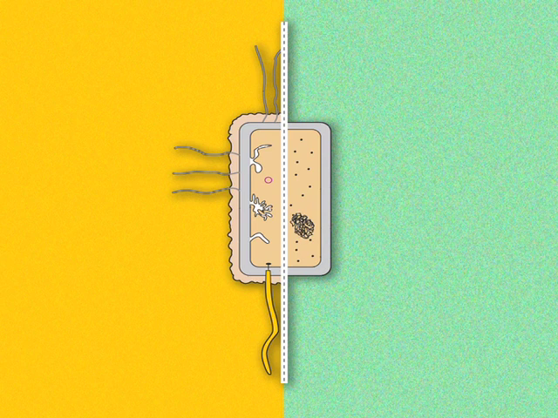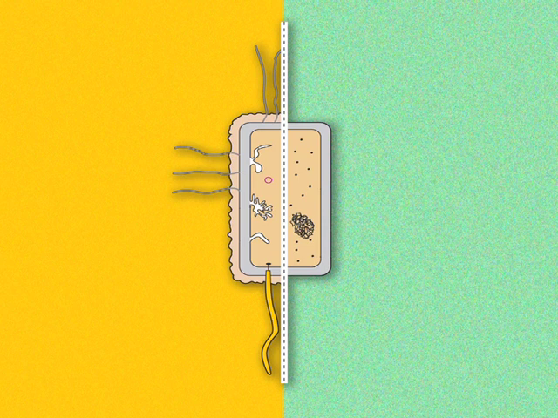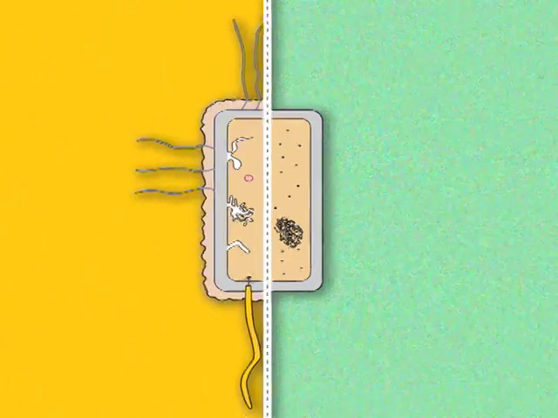The chromosome is made from naked DNA, so it has no proteins with it, and carries the genes. The wall is not made of cellulose, but of something called peptidoglycan.